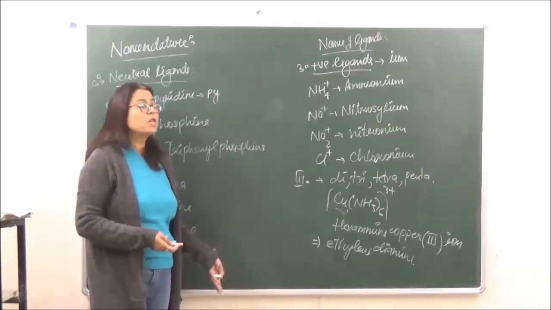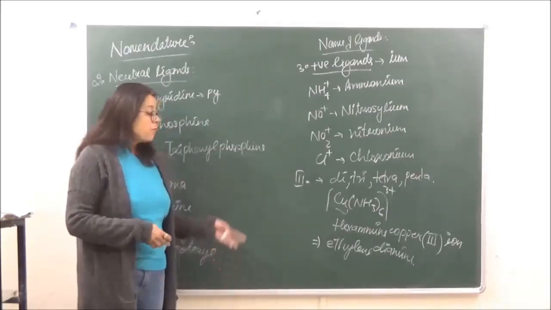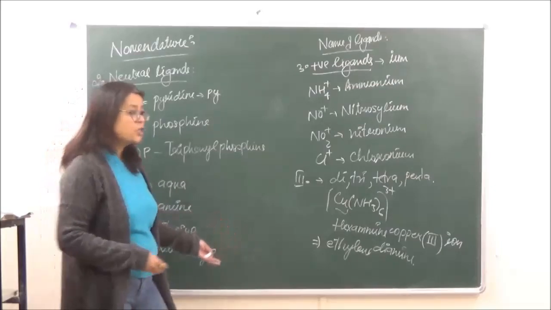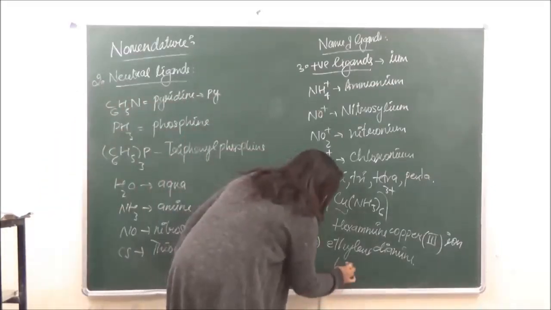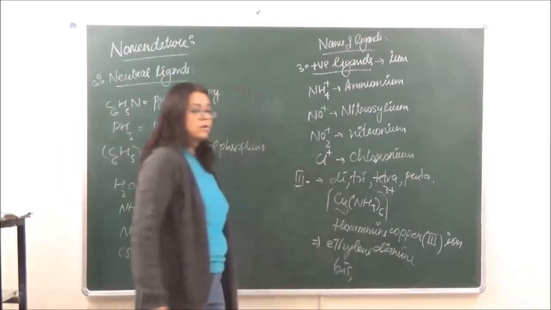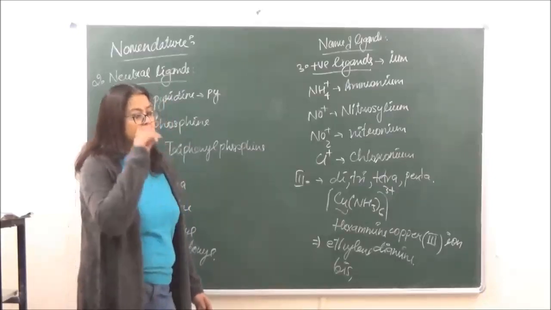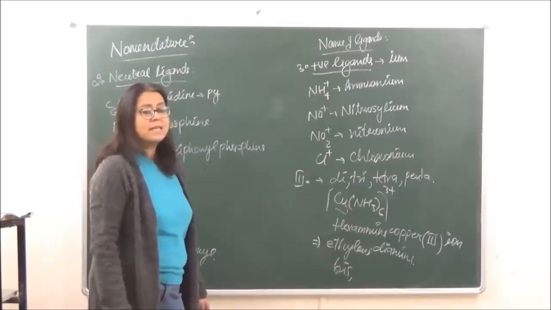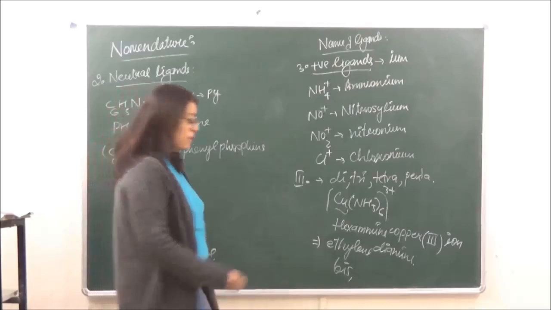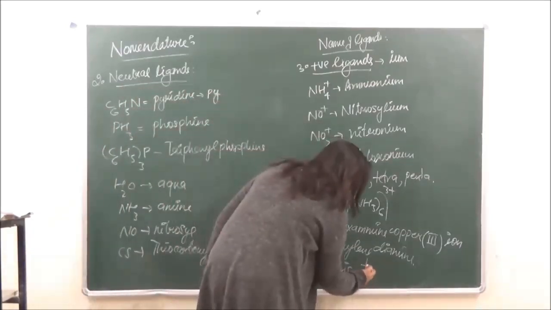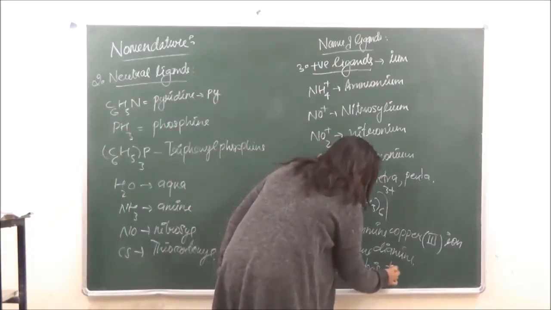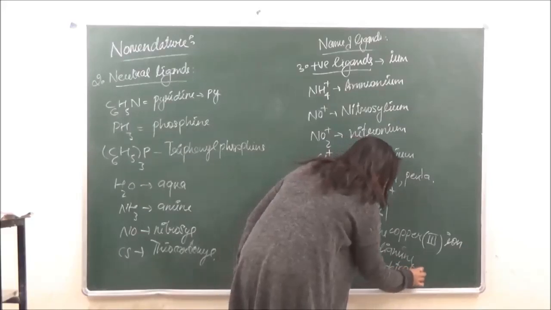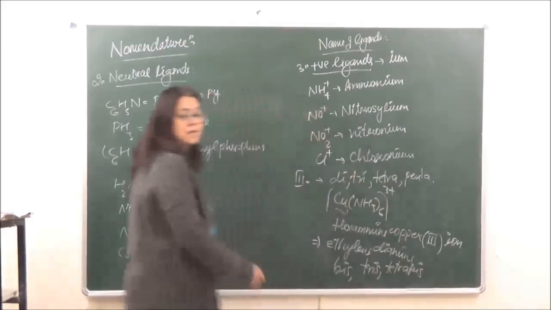You cannot use the word di twice. For such ligands, we use bis for 2. So if there are 2 ethylenediamine, that is going to be bis(ethylenediamine). If there are 3, then it is tris. If there are 4, then it is tetrakis.